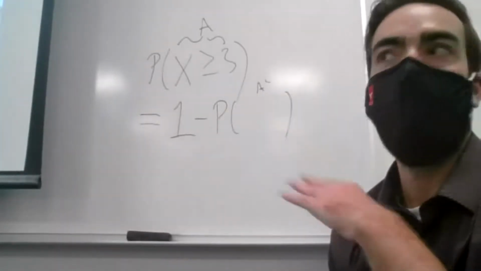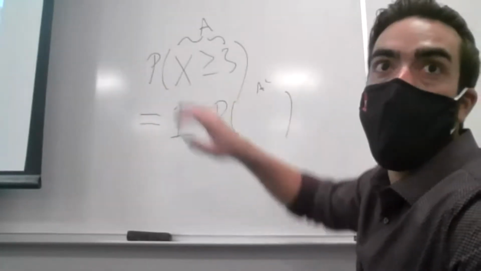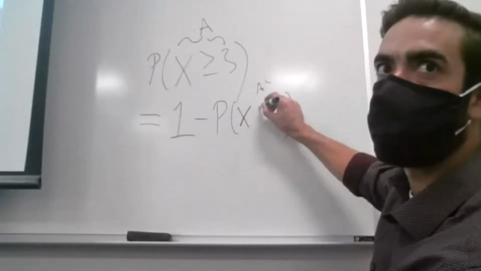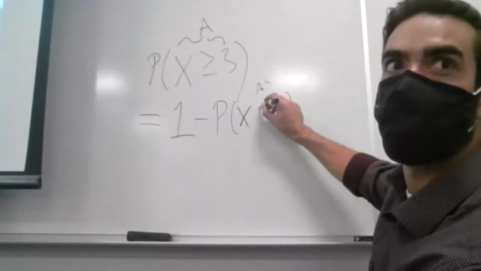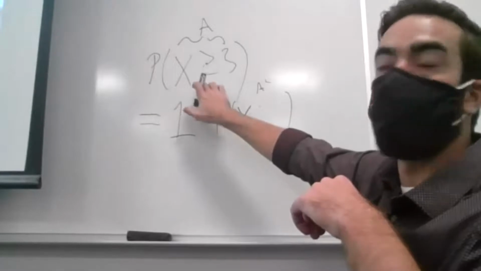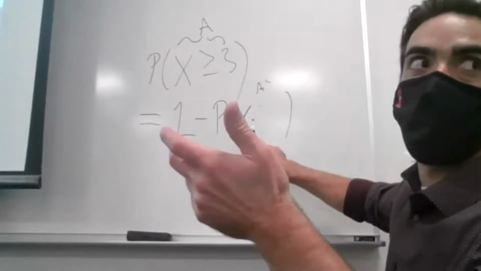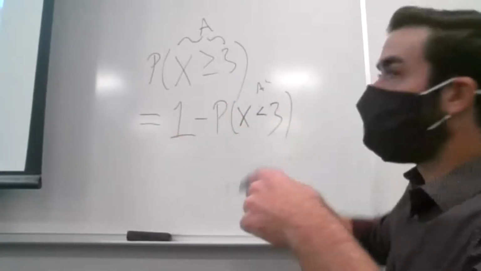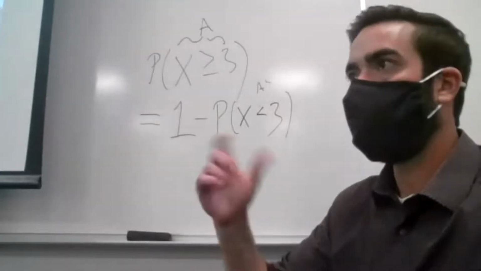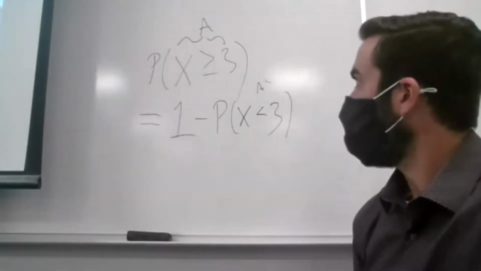Remember, complement just means everything that's not in A. So if A is x being greater than or equal to 3, A complement would be all the values less than 3, right? Complements, essentially, you can think about as the opposite.